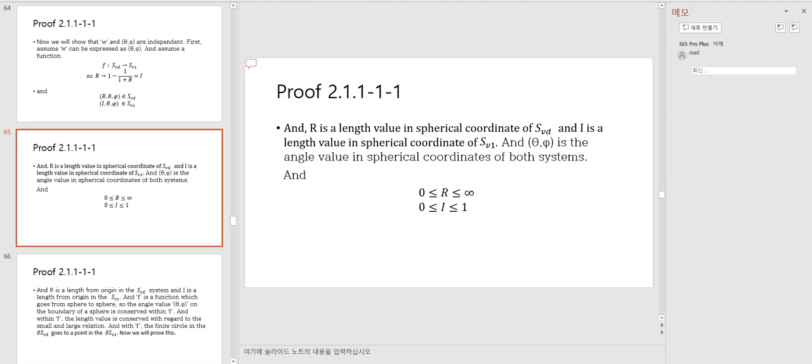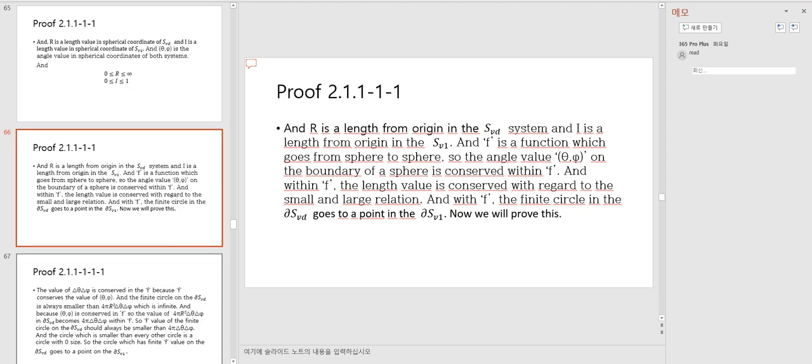R is between 0 and infinity, and I is between 0 and 1. R is the length from the origin in the SV system, and I is the length from the origin in the SV1. And F is a function which goes from sphere to sphere, so the angle value theta phi on the boundary of a sphere is conserved within F. And within F, the length value is conserved with regard to the small and large relation. And with F, the finite circle in the dS3D goes to a point in the dS3-1.